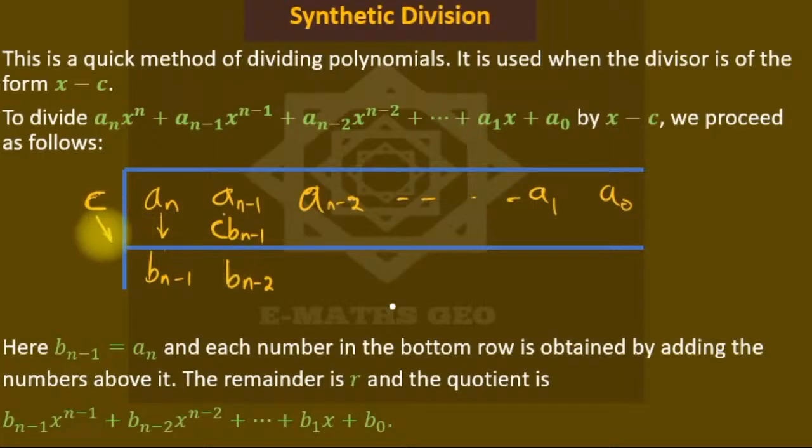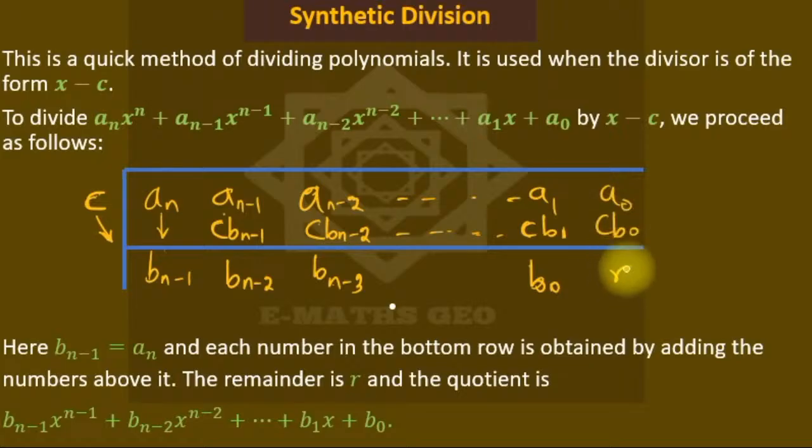Again, c will multiply the one down: c times b subscript n minus 2. We add again, assuming we get b subscript n minus 3. We multiply. That's how we do it, till we get to c times b subscript 1. If we add it, we have, let's say, b subscript 0. We now multiply, we have c times b subscript 0. So we add, we now get r.